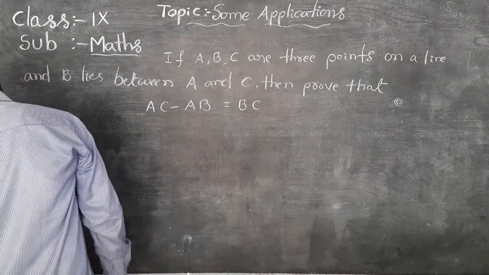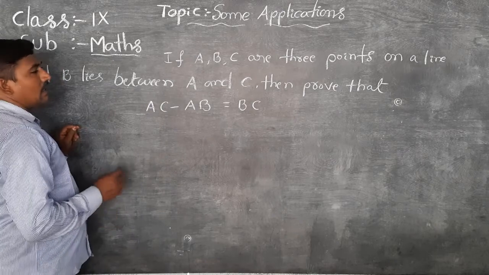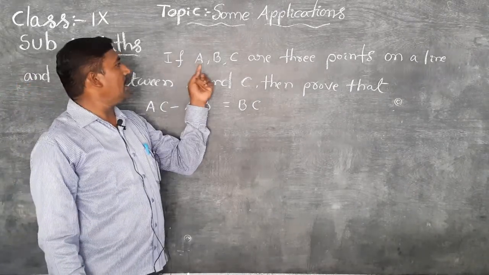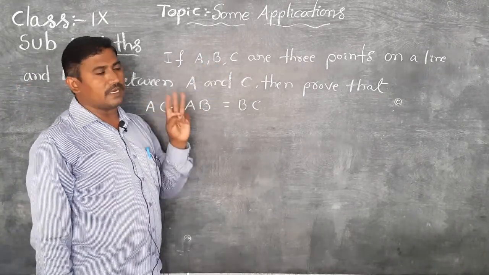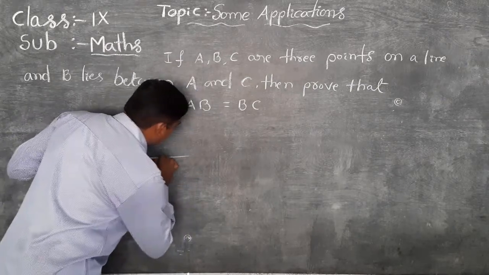Here, first of all, A, B, C are 3 points. Say for example, we are taking one straight line.